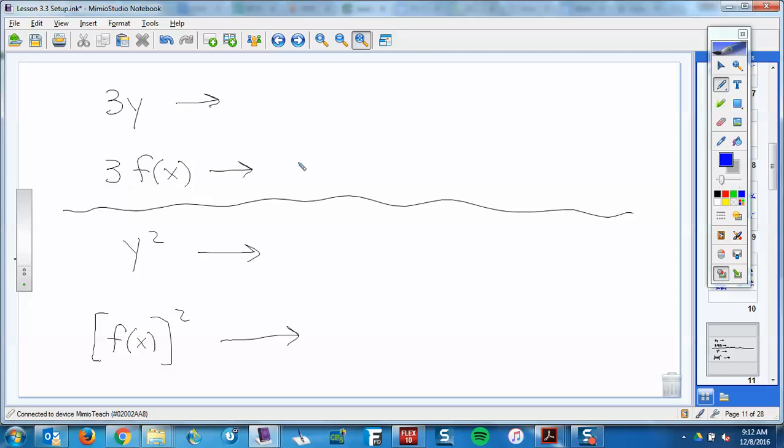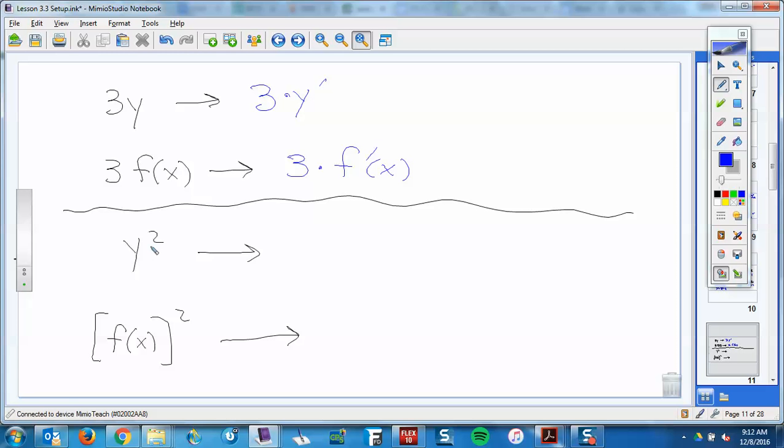Well, what would you do? You'd let the 3 just hang out there, and then what's the derivative of f of x? f prime of x, right? That makes sense, doesn't it? It'd be the same thing here, because y is the output, so y is like the f of x. So 3y should be 3 and then y prime, right? That one kind of makes sense.